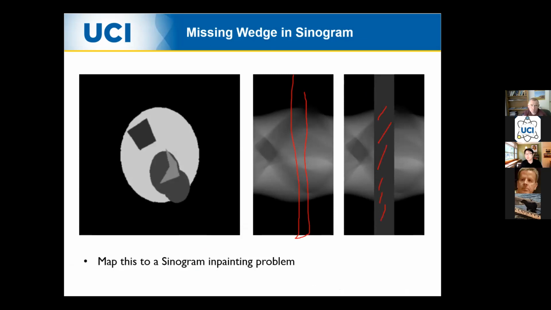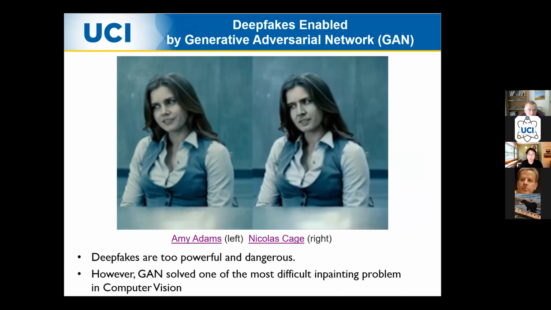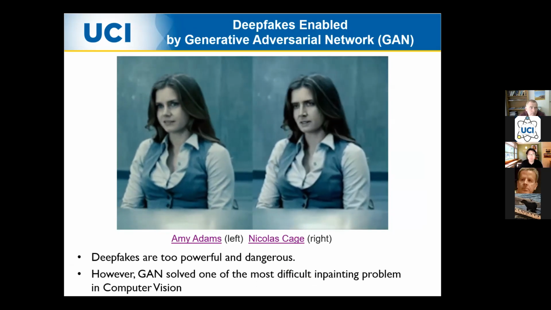You can't use any very simple linear, quadratic, or cubic interpolation to recover the information here. However, we can map this problem to an in-painting problem, right? So how can we solve this in-painting problem, right?